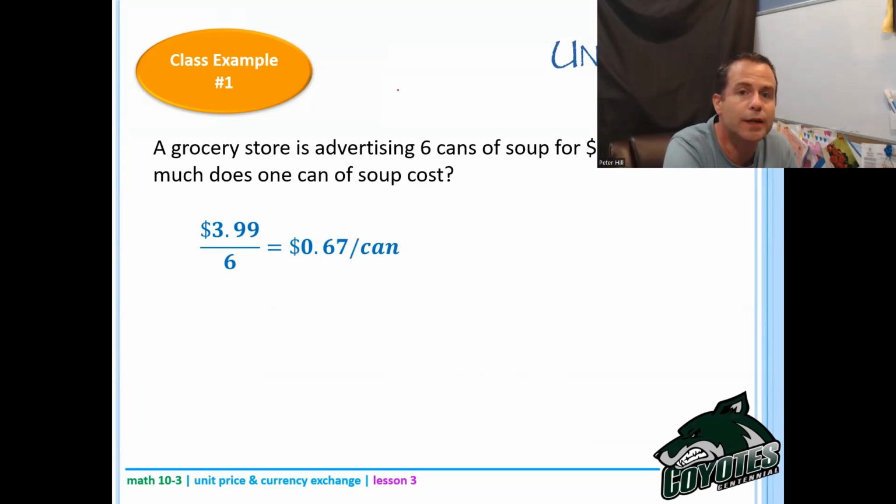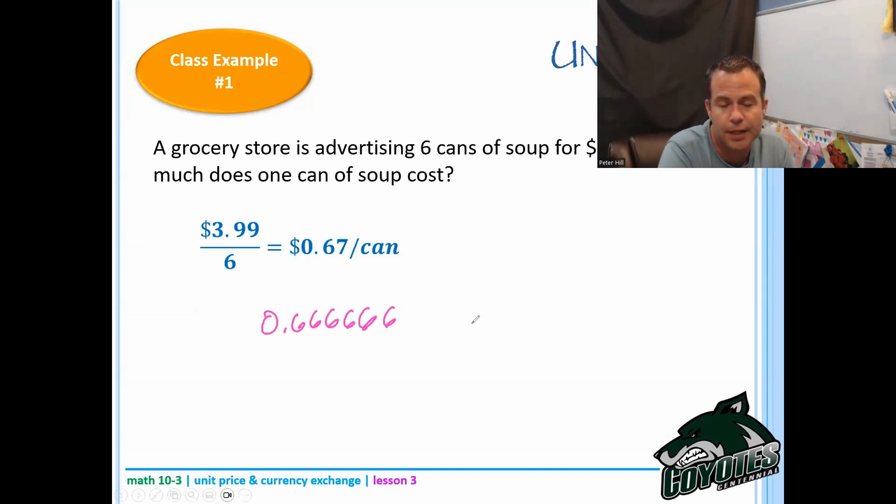So just a quick reminder, okay, I don't want to bore you, but I do want you to feel really comfortable. If I want to round to 2 decimal places, that means I want to stop right here. If I want to stop right there, I've got to look at the next number. If that next number is 5 or greater, then the number I'm stopping at has to round up.